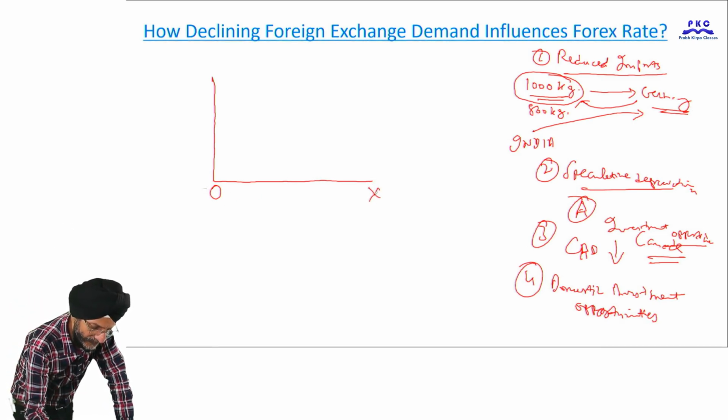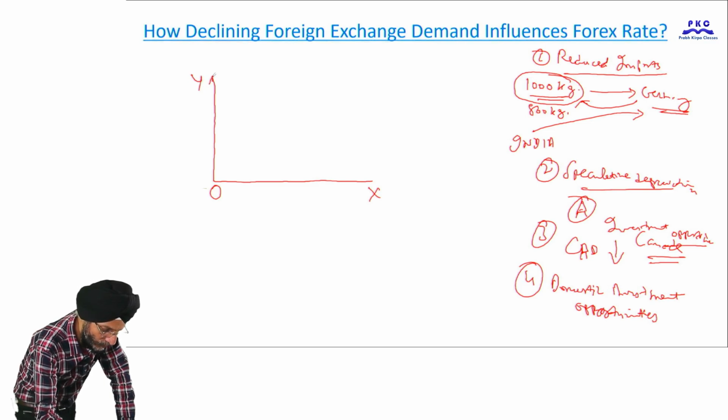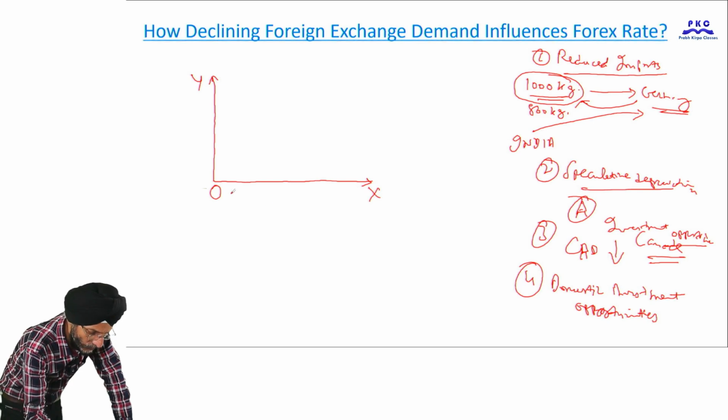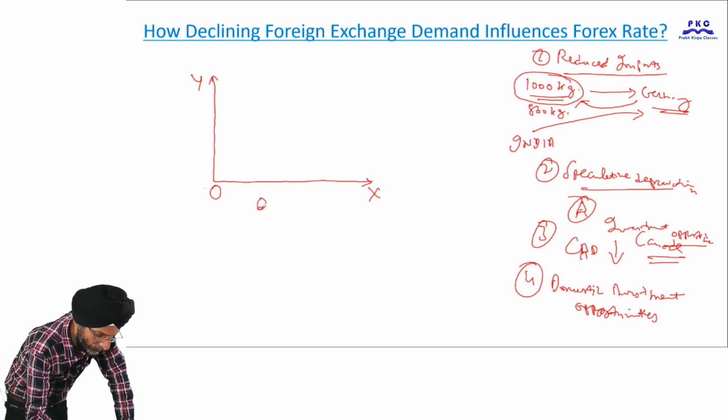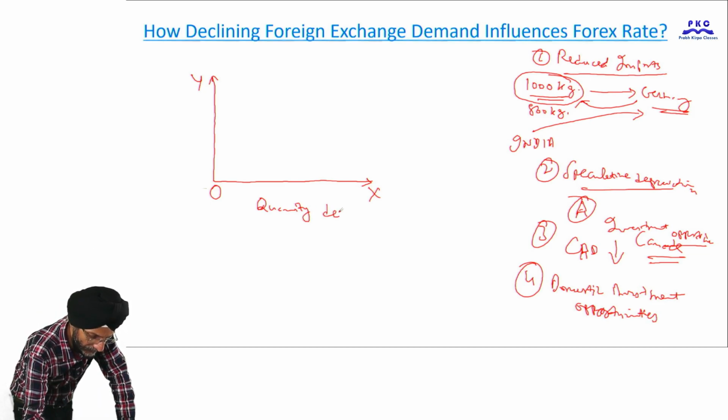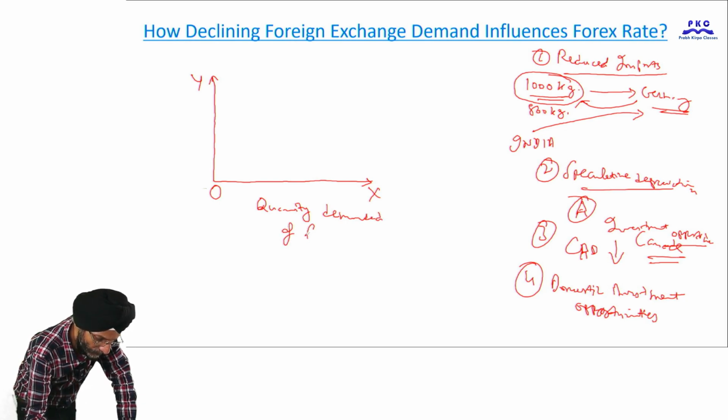This is OX, the X axis, OY is the Y axis. On OX we will write the quantity demanded of foreign exchange.